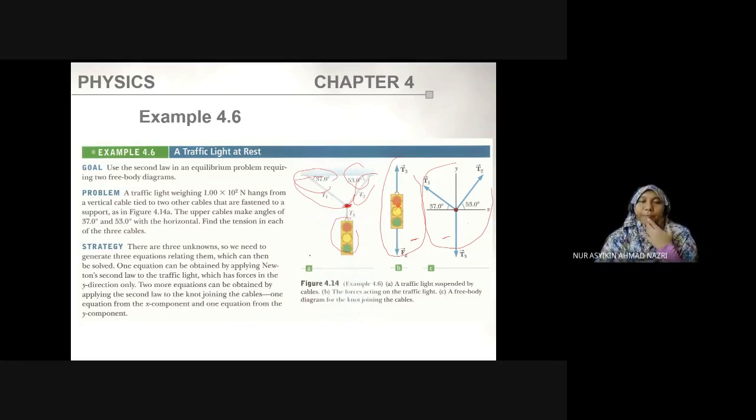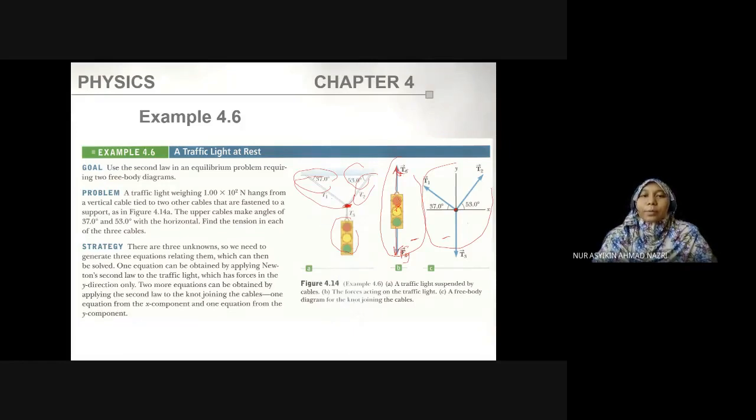Alright. So for the object, it has weight in this direction, FG. Kalau ikut buku ni dia akan label sebagai FG, so FG is your weight. And then T3 akan upward macam tu. Macam saya cakap, how to draw the tension: tension akan always away from your point yang awak nak cari tu.